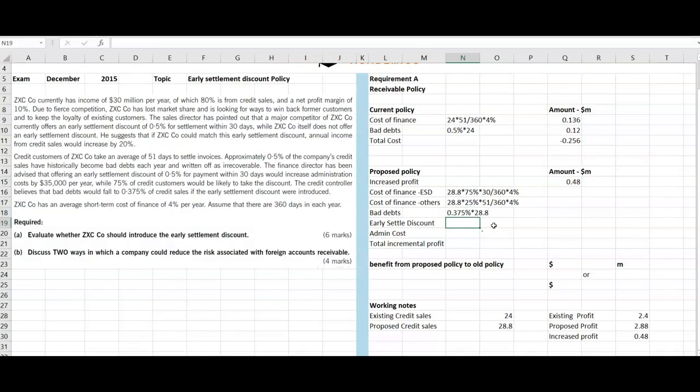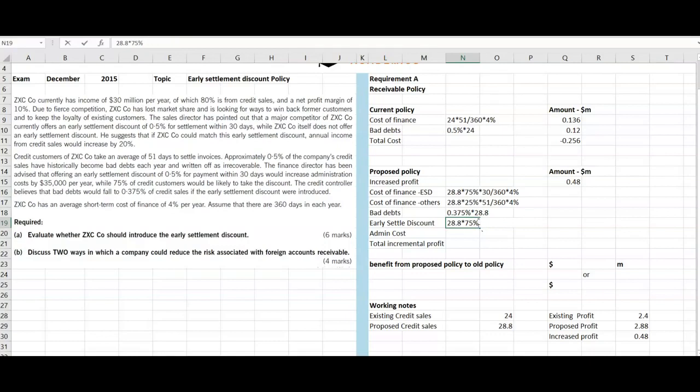So early settlement discount, we can copy this and we can do. Out of the 28.8 of sales, 75% of the customers are going to accept this. Okay, so we don't need to calculate the days for this or the interest.